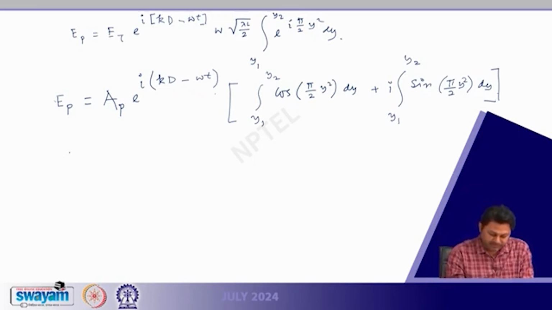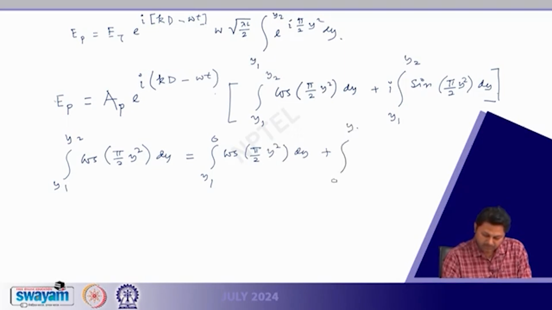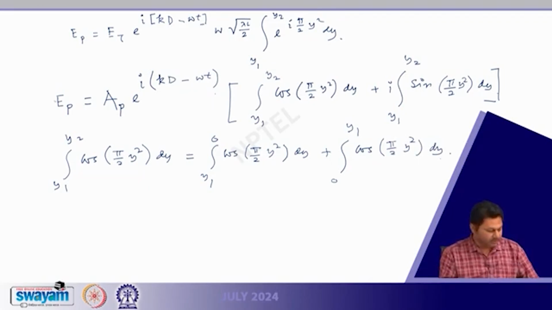So, this limit y1 to y2 cos of pi by 2 y square dy can be written as y1 to 0 plus 0 to y2.